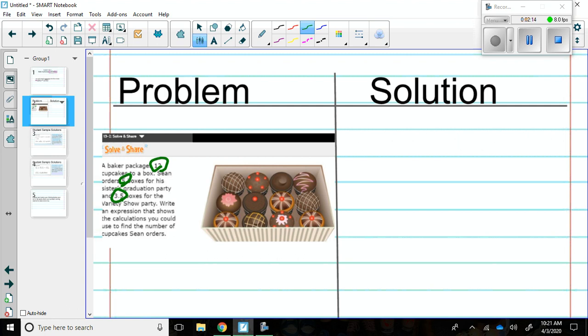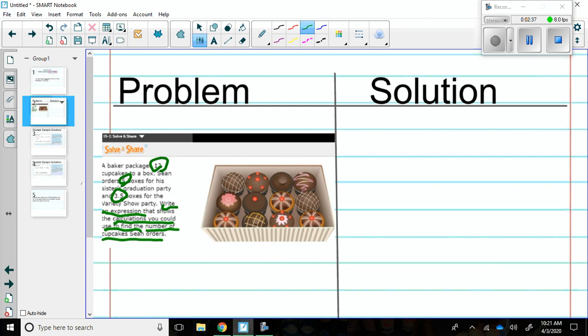So next, what we want to do is underline the question. Notice there is not a question to this problem, but there is a direction. It wants us to write an expression that shows the calculations you could use to find the number of cupcakes that Sean orders.